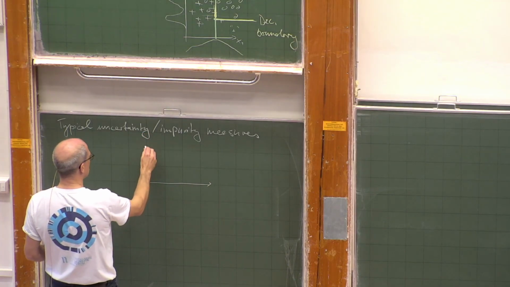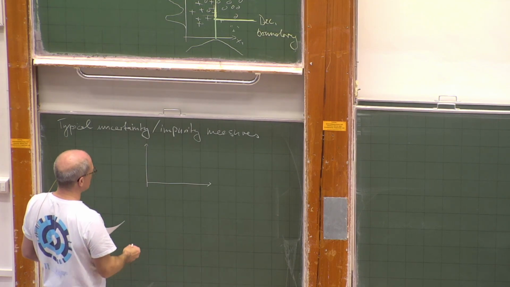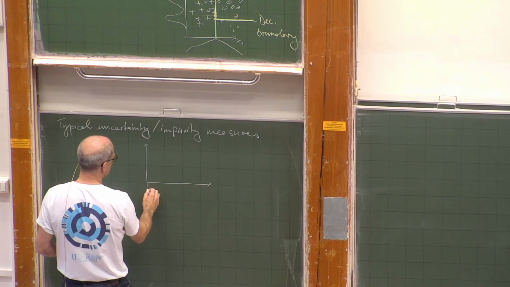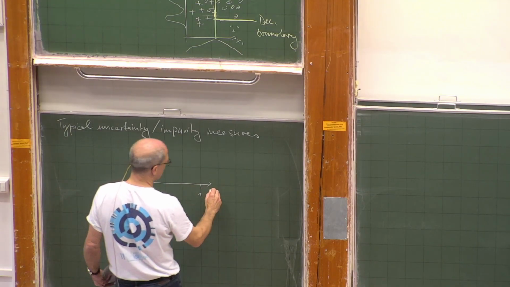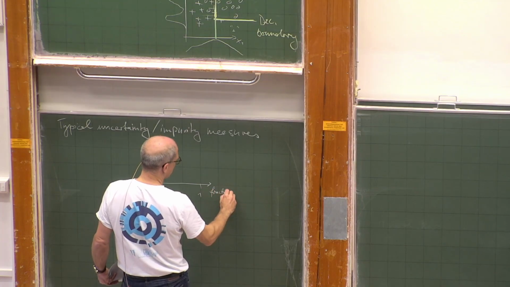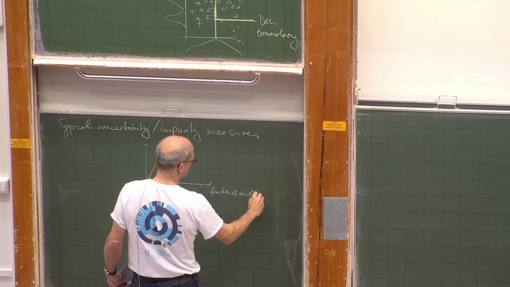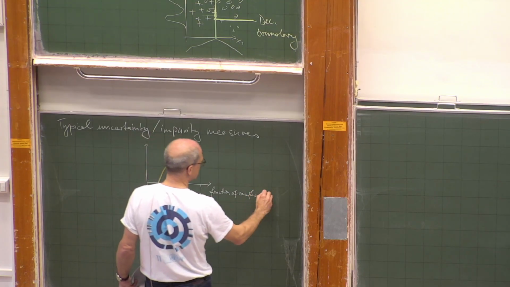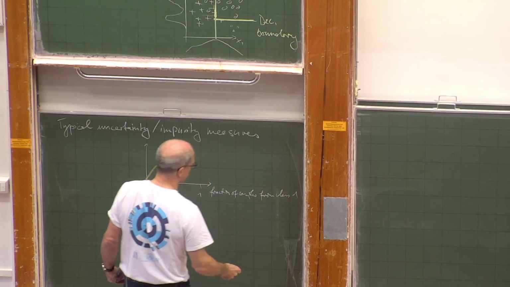I can look now, for each partition, at what is the fraction of points from one class. So let's say I put the fraction of samples here. Let's pretend that we work only with two classes.